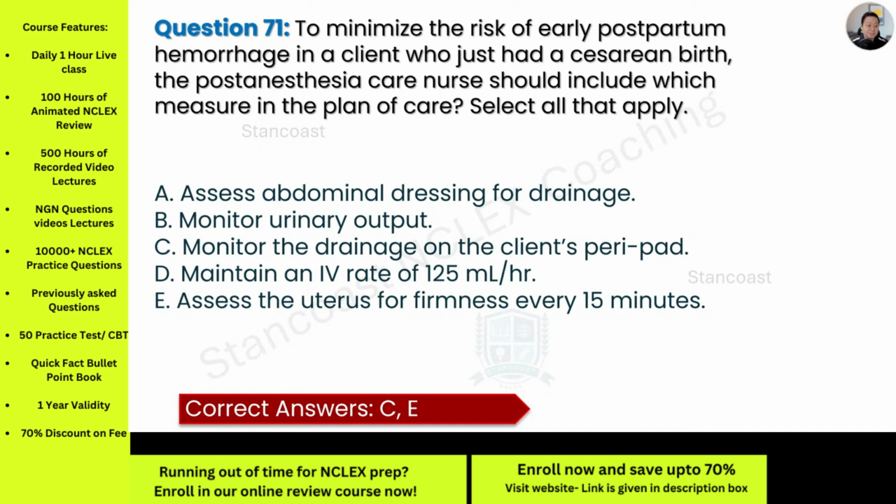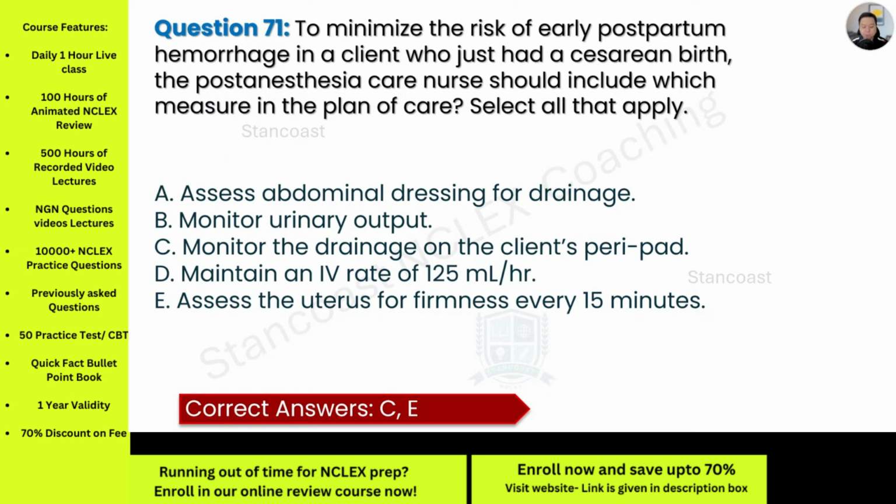Okay. Letter D is also incorrect, because maintaining an IV rate of 125 mL an hour is necessary for hydration, but it will not prevent or help detect postpartum hemorrhage. We know that the IV fluids can help the circulation, the overall hydration, but will not directly address the hemorrhage management.